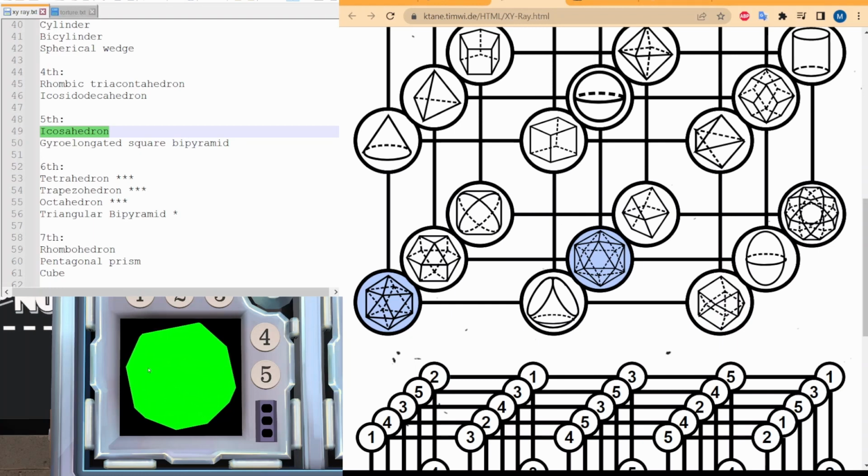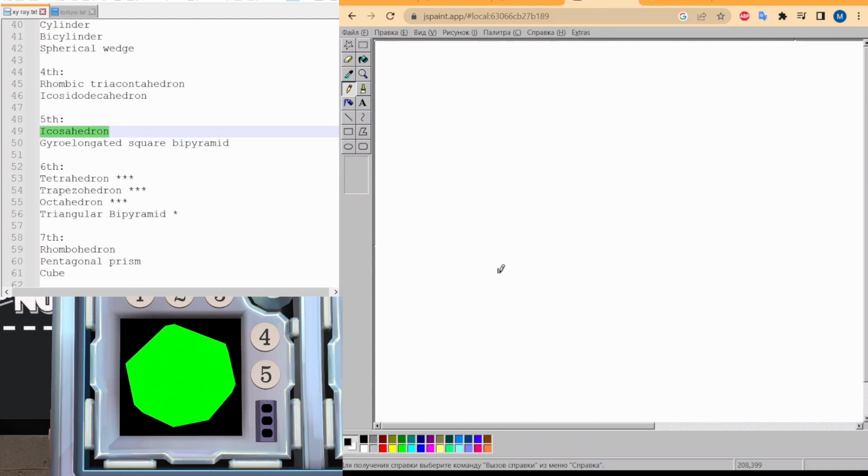Okay, not okay. Once again, maybe another one. So this one, you could notice that two of the vertices went this way. Once again, here.